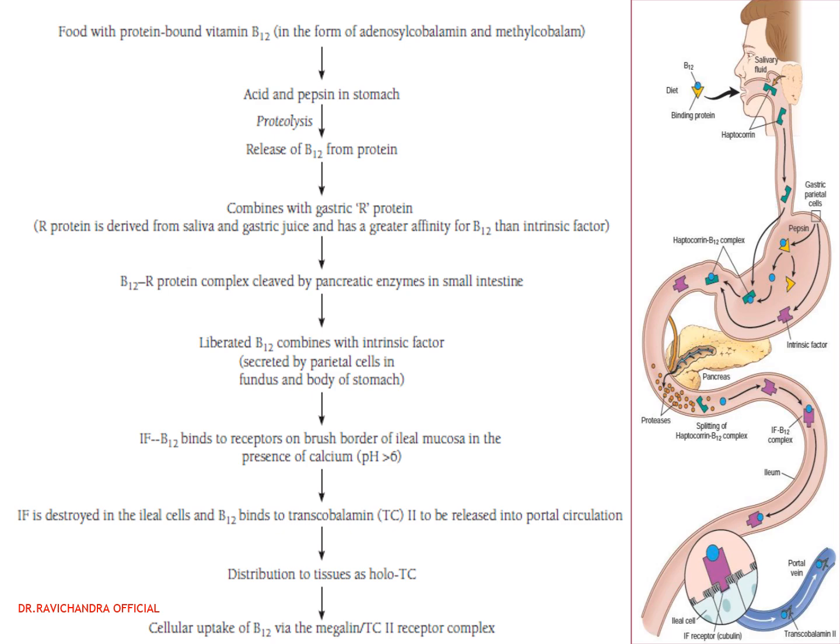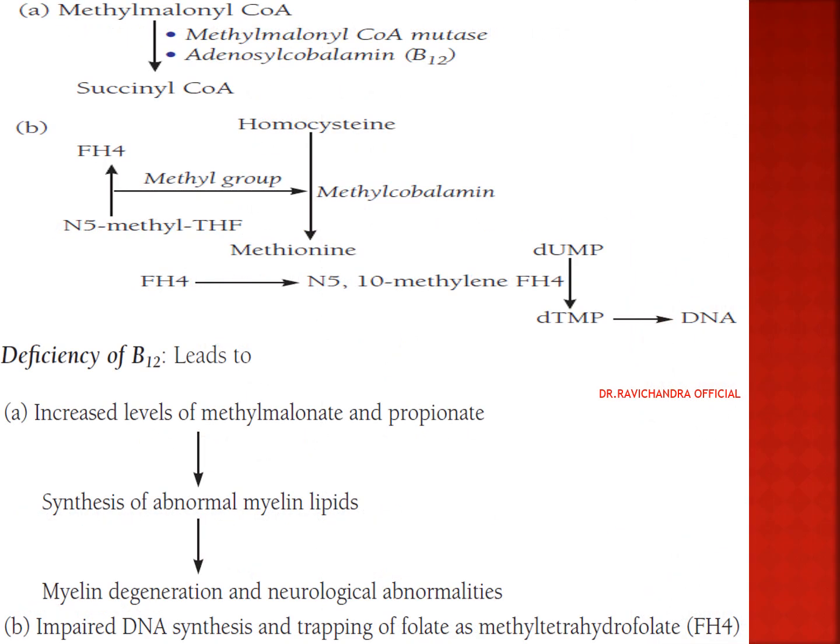If only intrinsic factor is not available, then the anemia is called pernicious anemia. For succinyl-CoA from methylmalonyl-CoA, B12 is required.